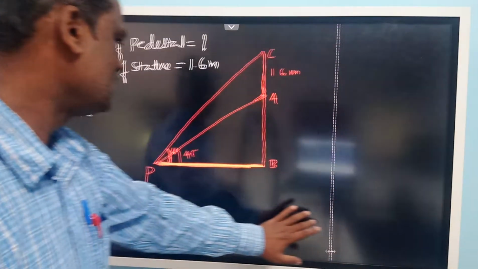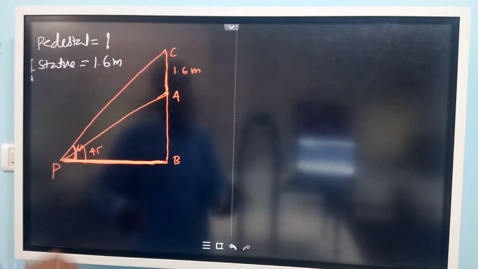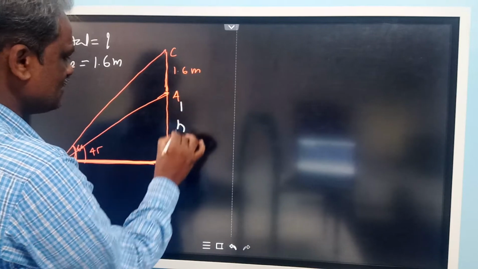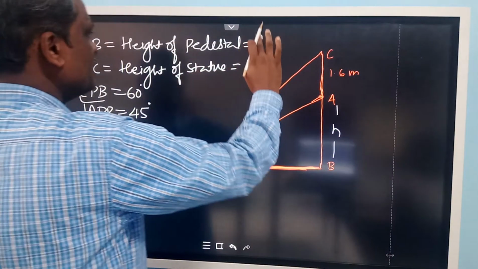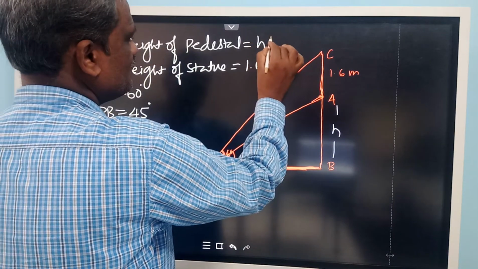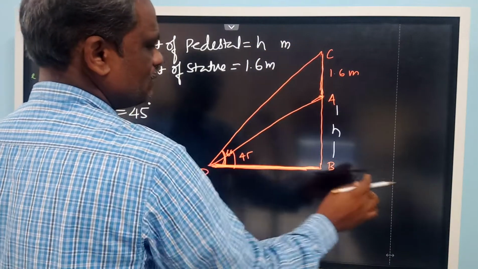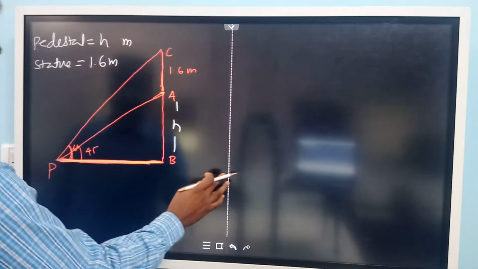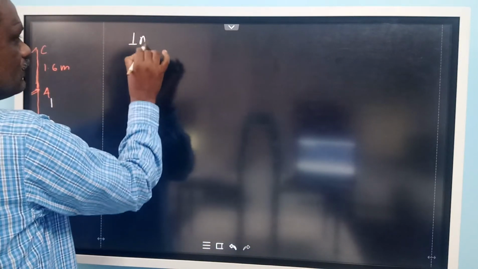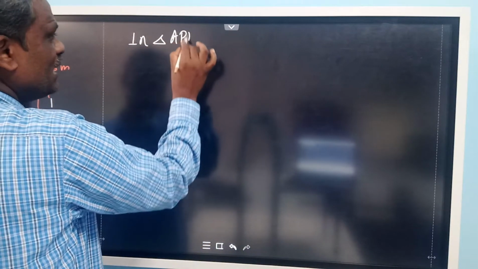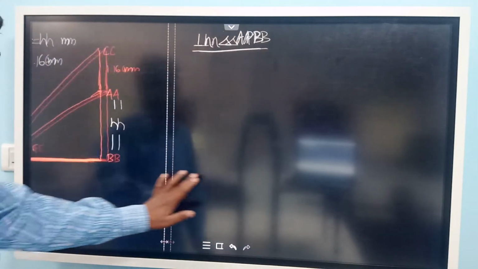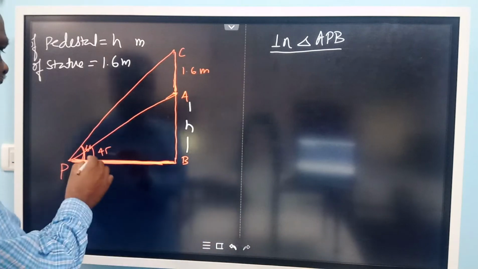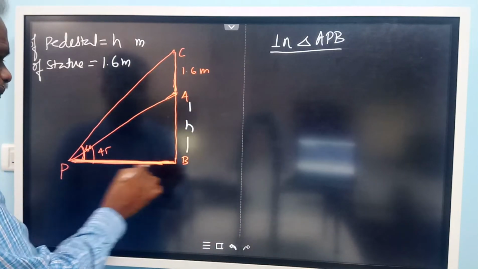Let us take first this triangle. Height of the pedestal, let us take H. AB is equal to H units, H meters. Now in triangle APB, identify the triangles and apply the trigonometry ratio, you will get 1 mark. So in APB, opposite side is AB and the adjacent side is PB.